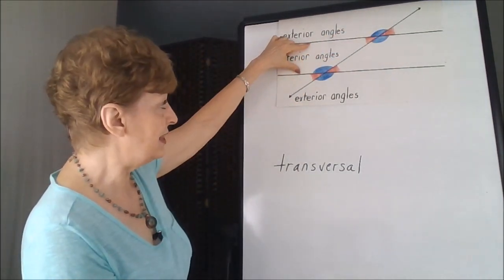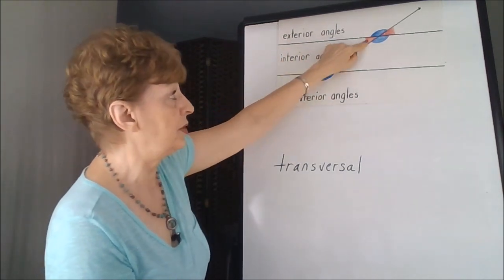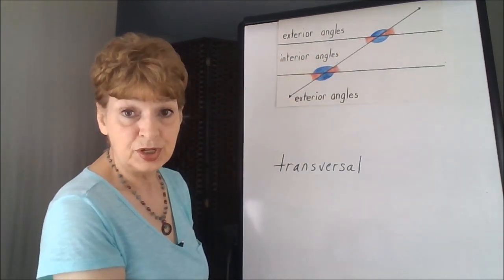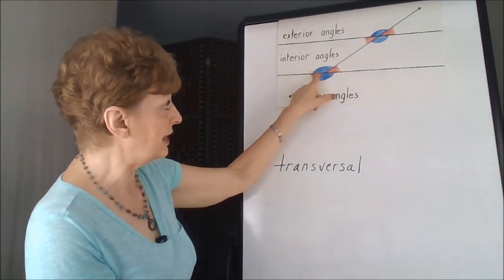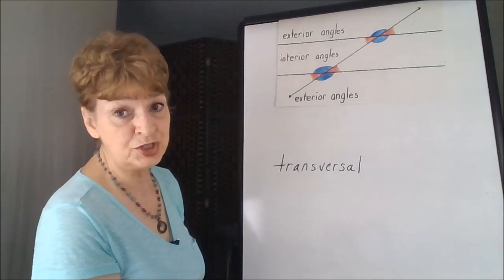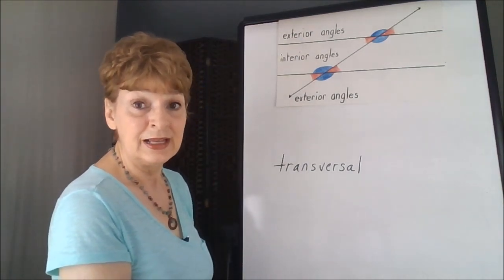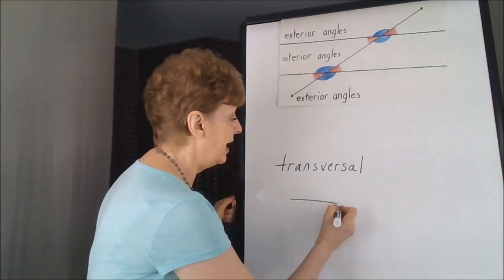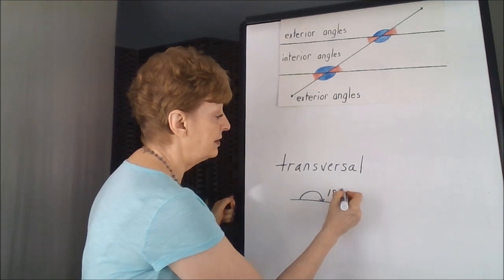The angles that are in the interior that are next to each other, that would be a blue and a red, add up to 180 degrees. That's because they're on a straight line. And a straight line, as you recall from the vocabulary, look back in your notes, measures 180 degrees.